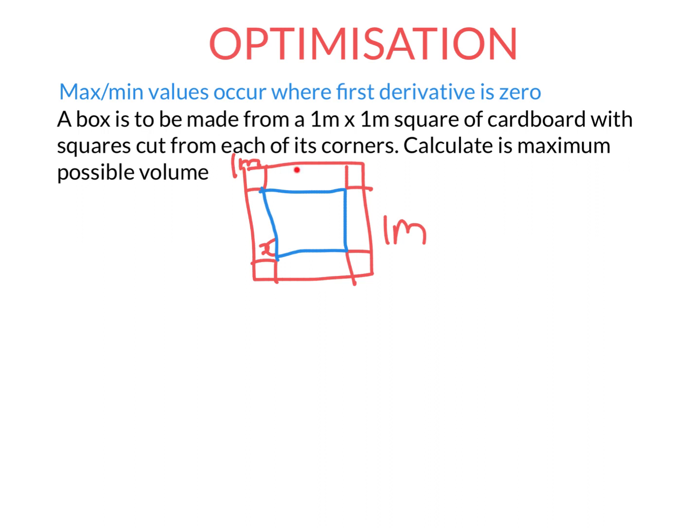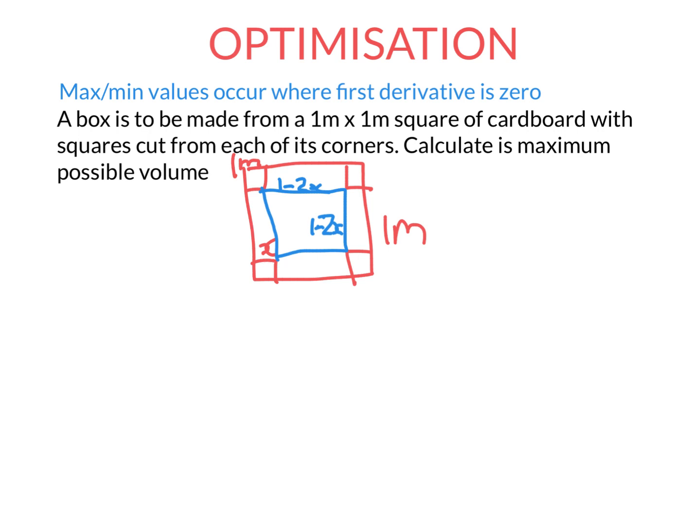Well, if it's 1 all the way across here, and this is x and x, then the dimensions must be 1 minus 2x, and similarly 1 minus 2x. So the box has a base that's a square with side length 1 minus 2x. This x will actually be the height of the box when you fold it. So whatever value that is, if it's 30 centimeters, then the box will be 30 centimeters tall.